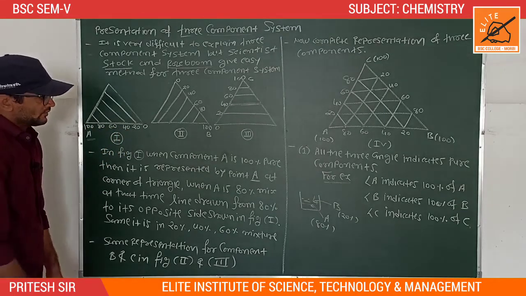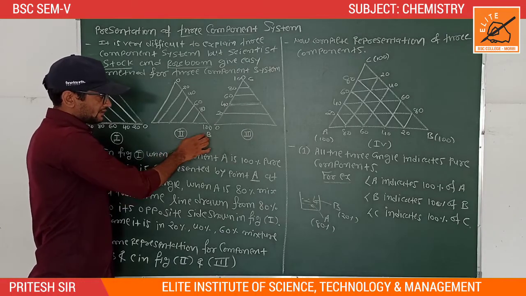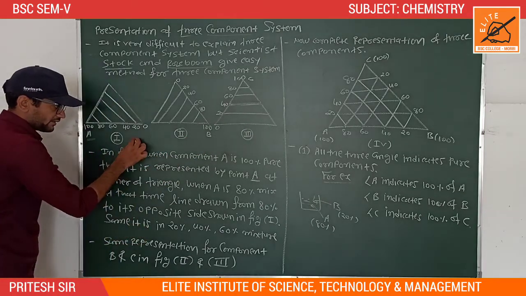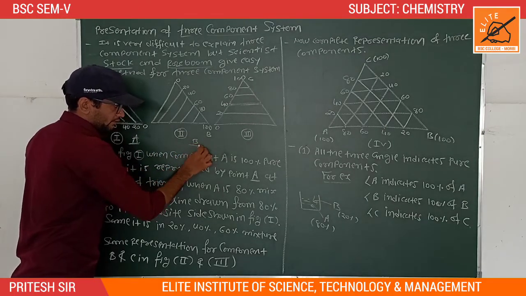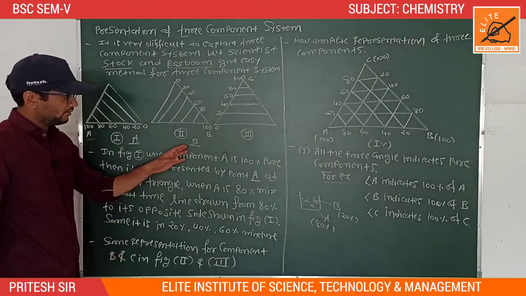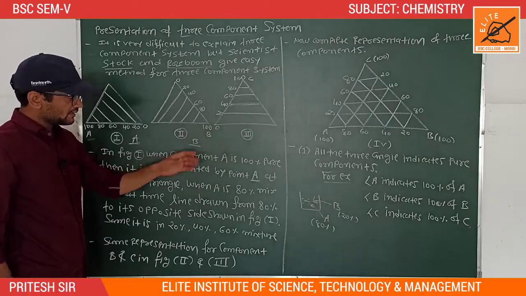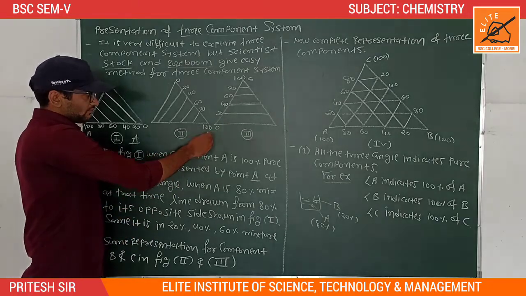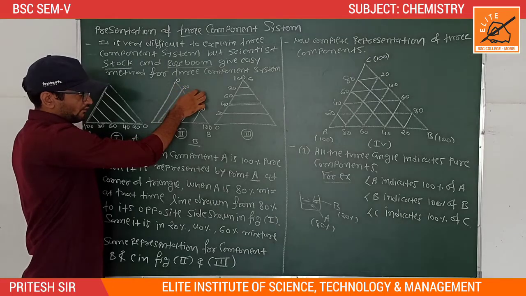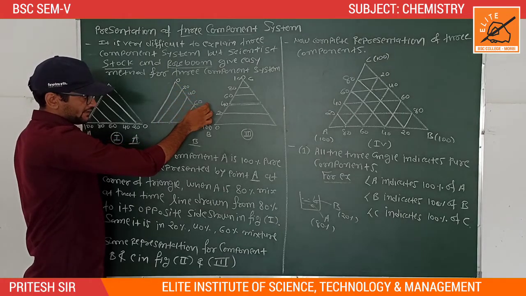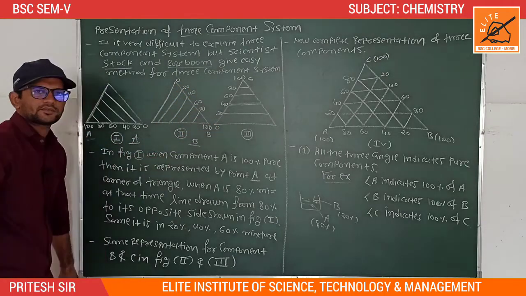Okay, in the next figure, this one is for A, and this figure is for component B. The composition of B is written as 0%, 20%, 40%, 60%, 80%, and the last one is 100%.